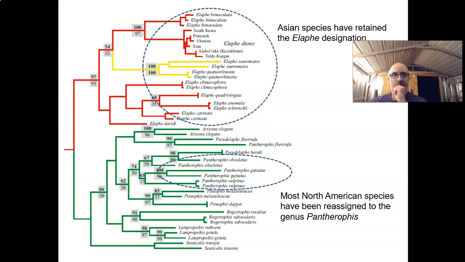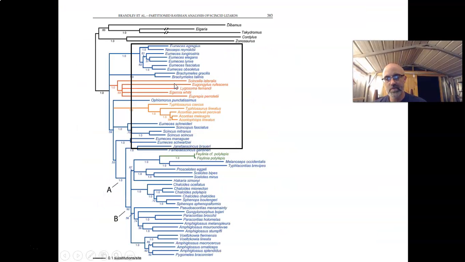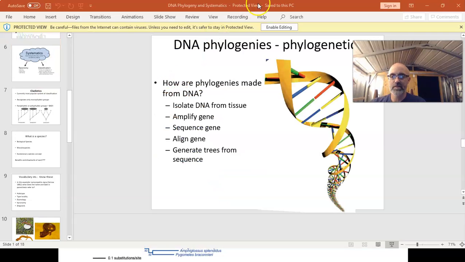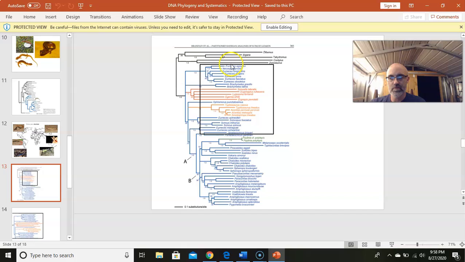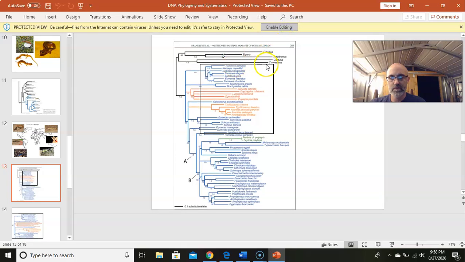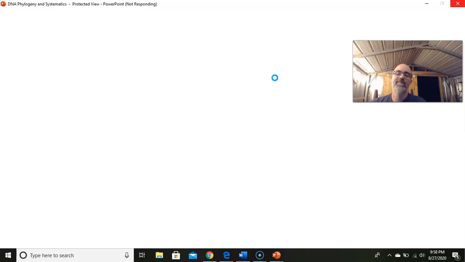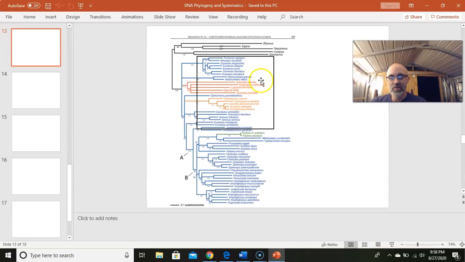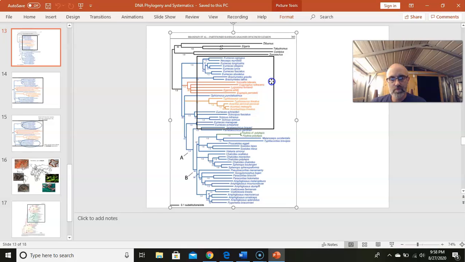Okay, so another couple of examples. On the exam, I probably am going to give you a phylogeny, and I may or may not point out some of the taxonomic issues based on the phylogeny. If I give you this phylogeny right here, say I don't put this little box on here, and I just ask you what's wrong with it, you should be able to tell.